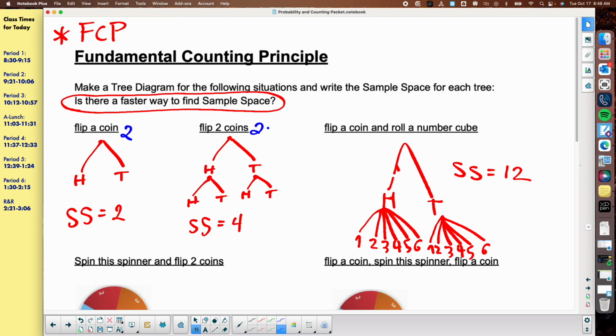The second time you flip a coin, two things can happen. Third problem, flip a coin, two things can happen. Your second decision, you're going to roll a number cube, 6 things can happen. And you can multiply the number of choices. That's actually what the fundamental counting principle is: you can multiply the number of choices.